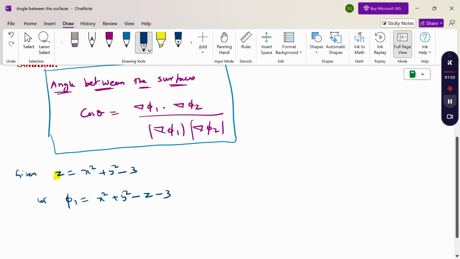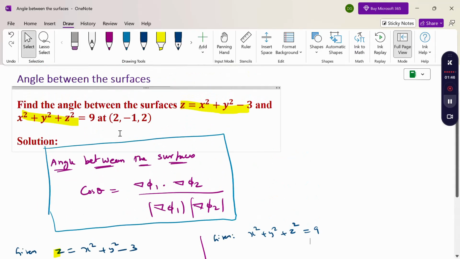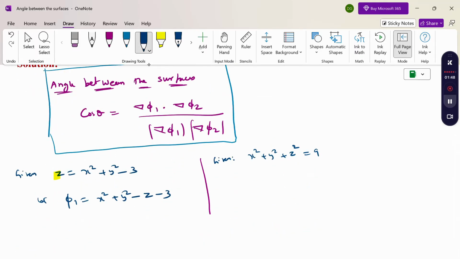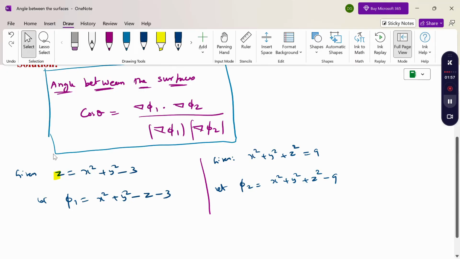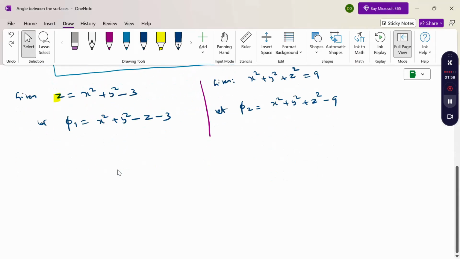This is phi 1. Next, given x square plus y square plus z square equal to 9. Now let phi 2 equal to x square plus y square plus z square minus 9. Now we have to calculate del phi 1 and del phi 2.